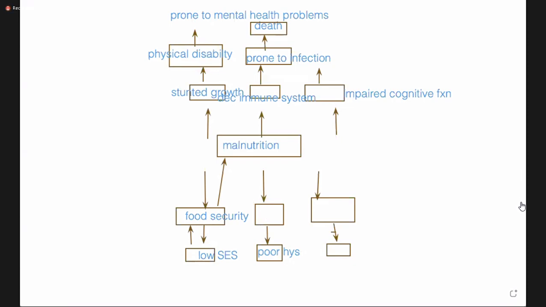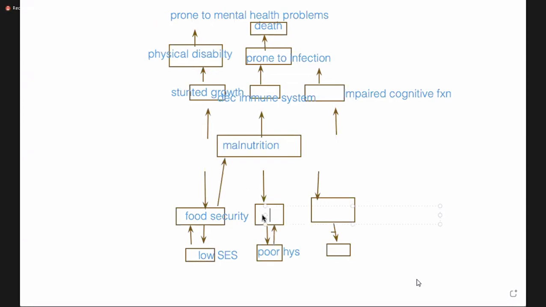Tapos ano mo? Akyat ka na naman, baliktarin mo na naman yung arrow mo kasi paakyat ka na hanggang makarating ka sa malnutrition. So mag-identify ka muna na pababa ng pababa pero related pa rin, di ba?